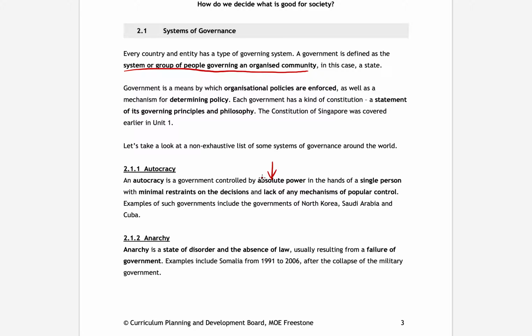Somalia essentially had no government to speak of. There was basically anarchy all over the country, right? And of course, we all know what happened to Somalia afterwards. So Somalia is in a process of recovering from that period of time.